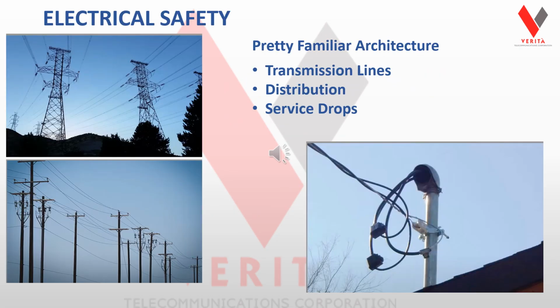If we look at how the electrical system is set up, it's set up pretty much like our architecture in telecommunications. We have our transmission lines, which is our fiber optics, our distribution lines, and then finally a service drop running to the home.